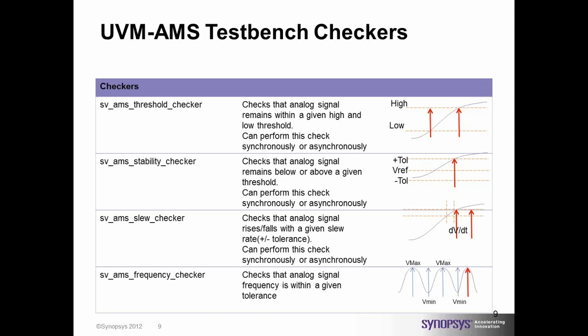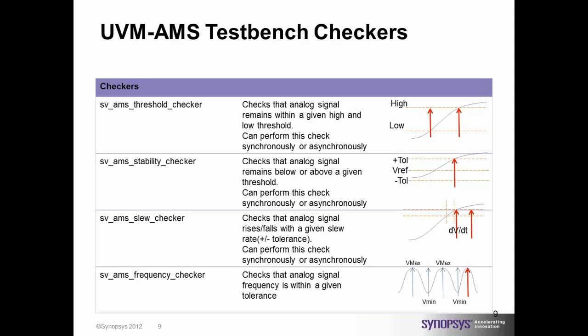Similarly, you have more checkers like the stability checker, which checks for an analog signal to remain below or above a given threshold. So you can provide a V reference and a tolerance. V reference plus or minus the tolerance, the checker will not fire, otherwise it will fire an error or a warning message.